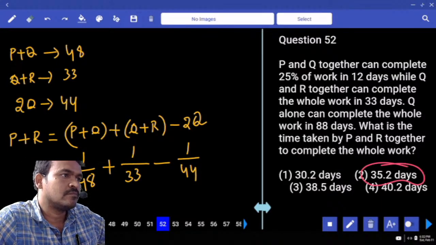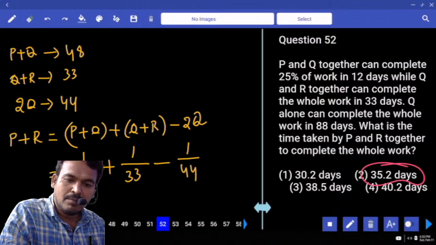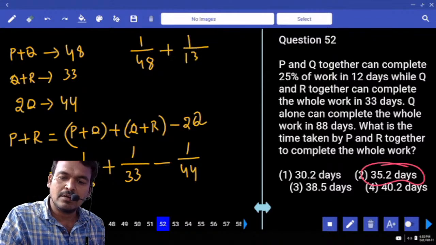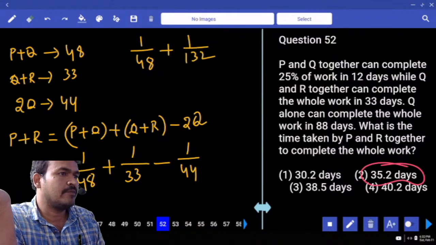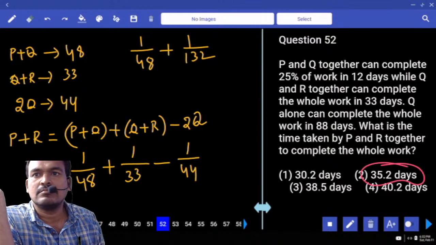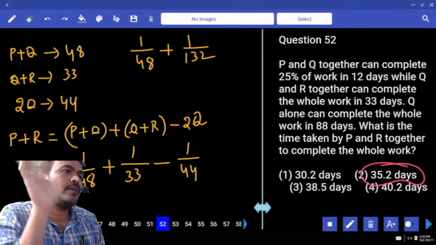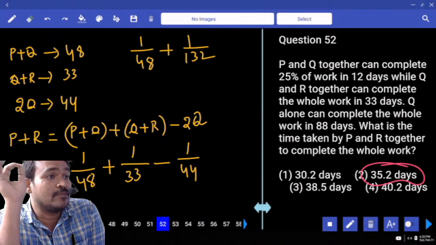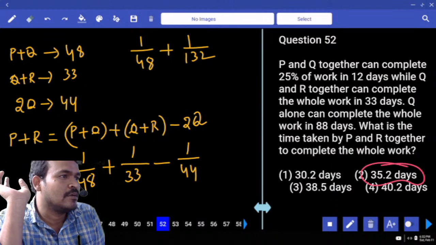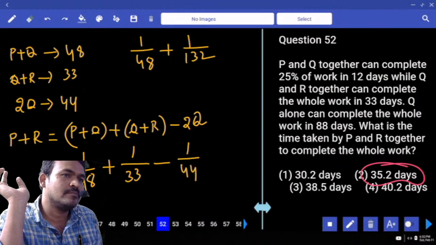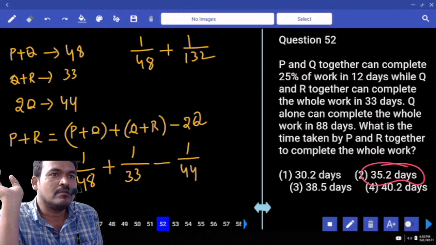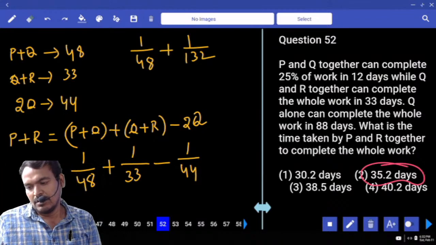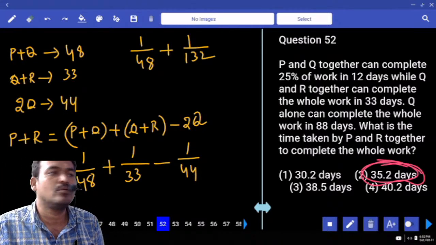Then 1 by 48 plus 1 by 132. Solving this, we get the fraction. Once we know the 1 day work, we get the number of days. Taking the LCM of 48, 33, 44 is a time-taking process, but the LCM of 33 and 44 is 132, so the calculation is easy. Answer is 35.2 days.